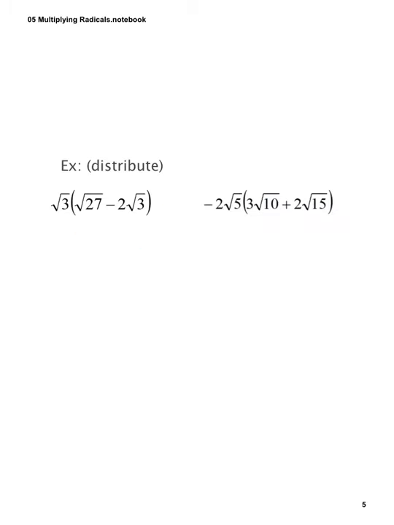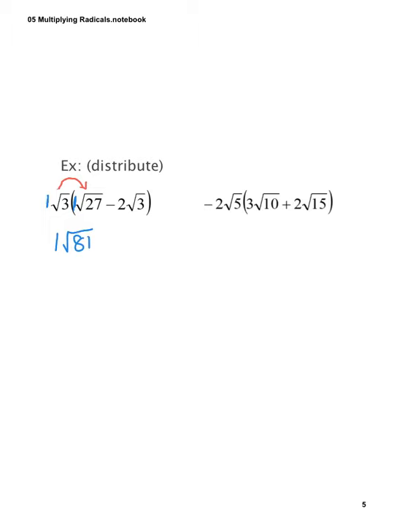Now, if we look at this one, we're distributing. So the first thing, I'm going to put a 1 in front of my 3 so I don't mess up. Now, when I multiply this first term times this term, and again, I would put a 1 here. 1 times 1 is 1. Then 3 times 27 is 81.